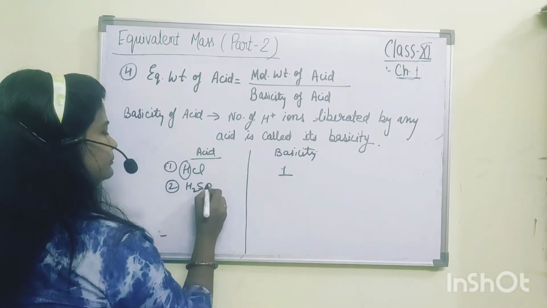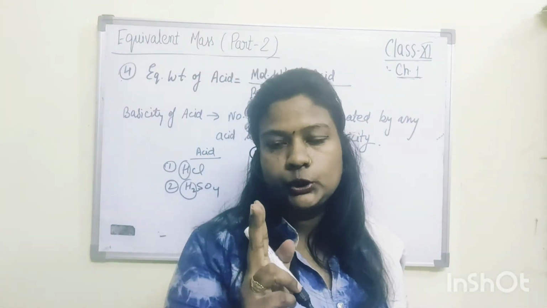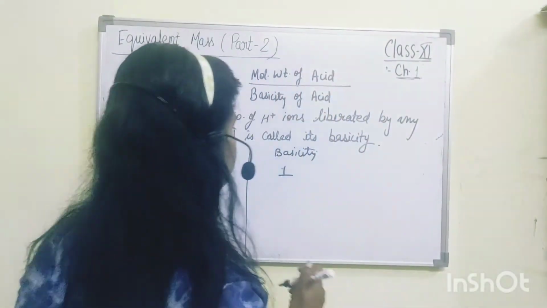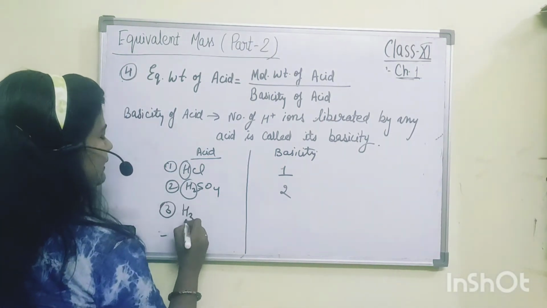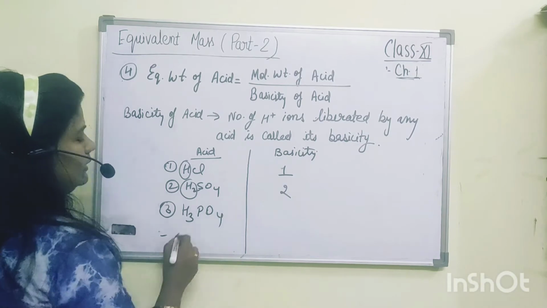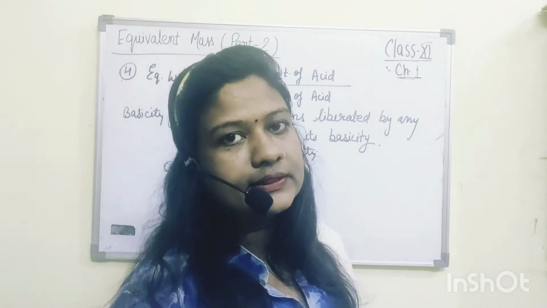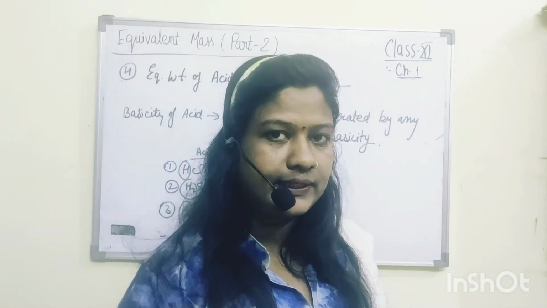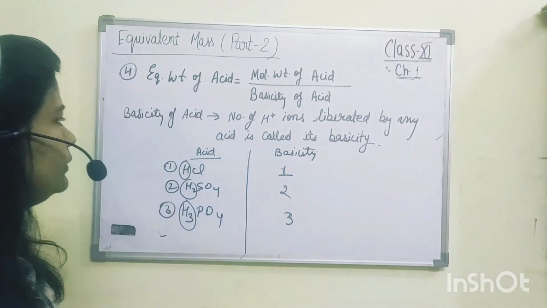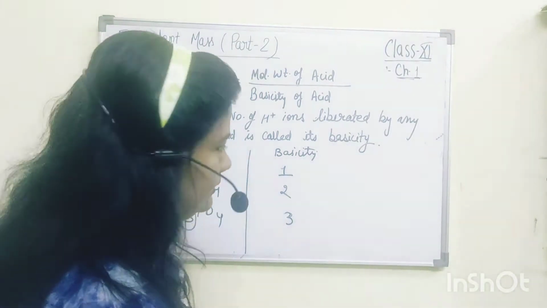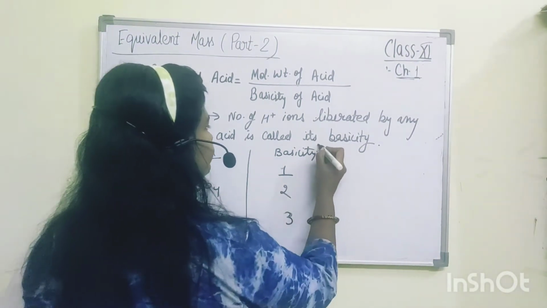H2SO4 liberates 2 H plus ions, so its basicity is 2. Phosphoric acid, H3PO4, releases 3 H plus ions, so its basicity is 3. So you can calculate their basicity. Now clear?